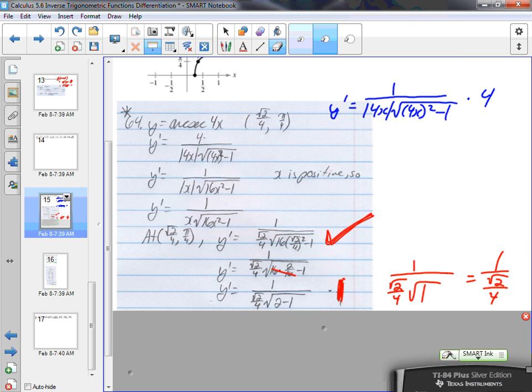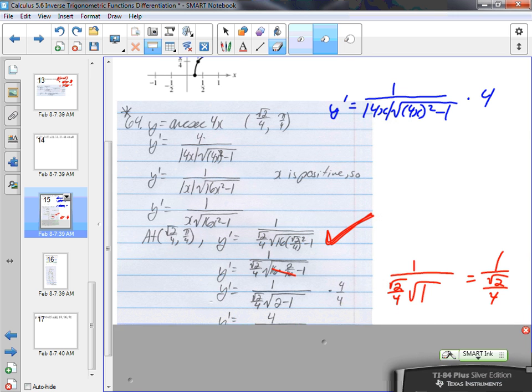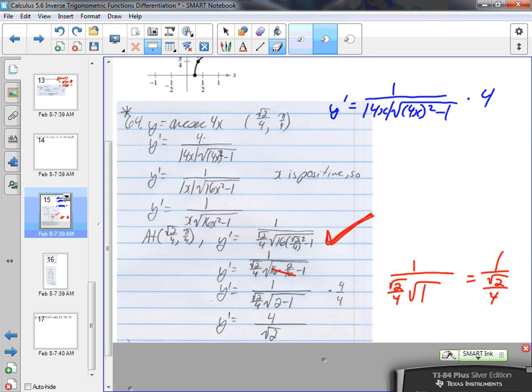which, when I simplify that, and it's not that I mind the radical in the denominator, it's that I mind the fraction in my denominator. So multiply by 4 over 4, and I'll get 4 over the square root of 2.